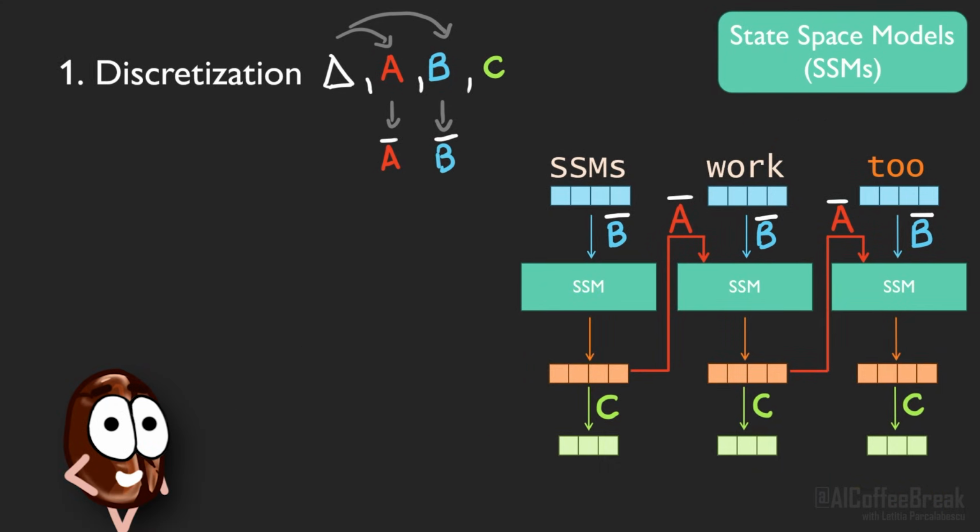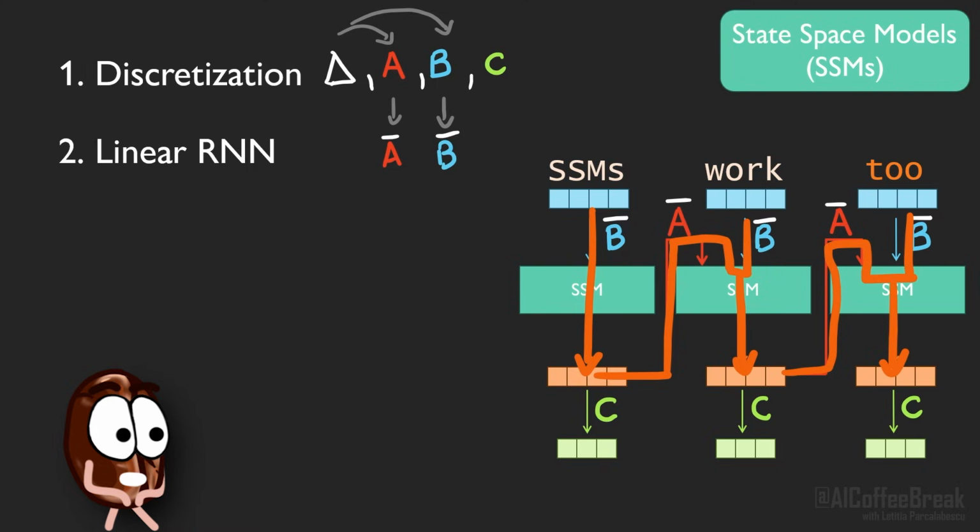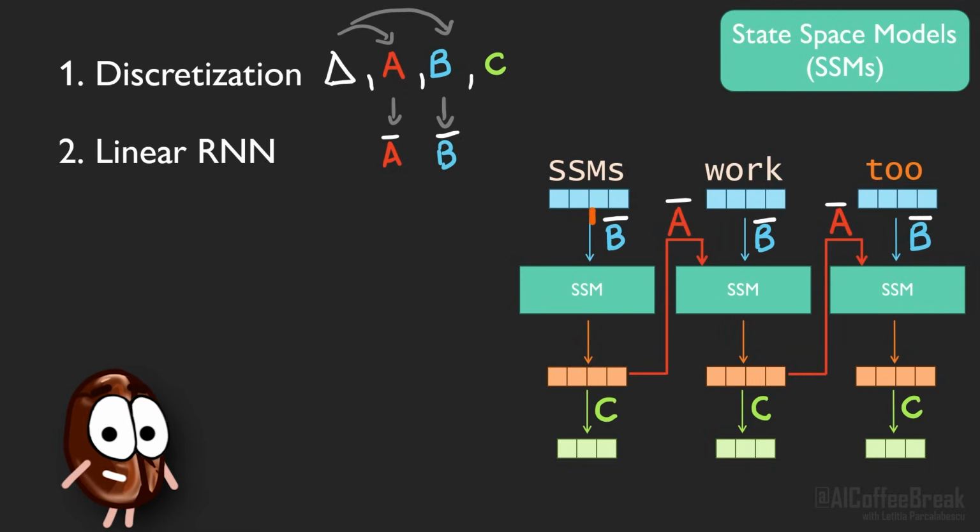Then with the A bar and B bar matrices, we go over to the linear RNN step. Like RNNs, SSMs work token by token to compute a new hidden representation based on previous tokens and the current input token. SSMs compute a hidden state for each token, just like in the simplest RNN imaginable, a linear one.